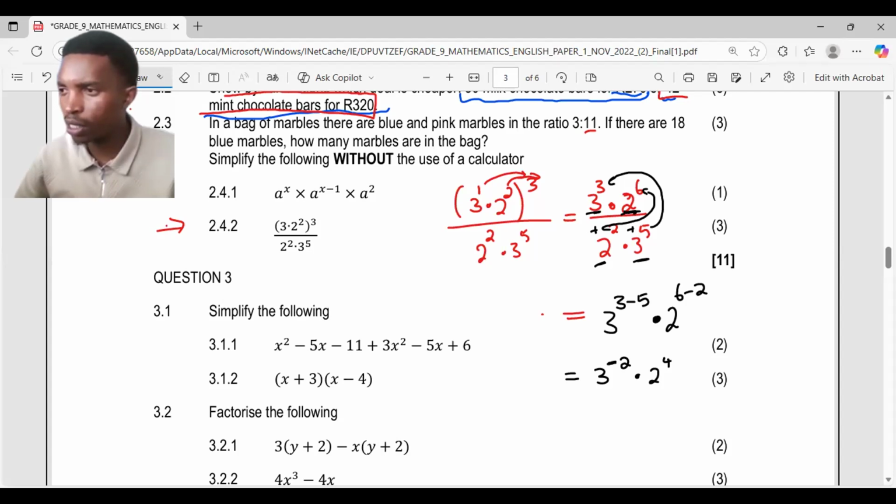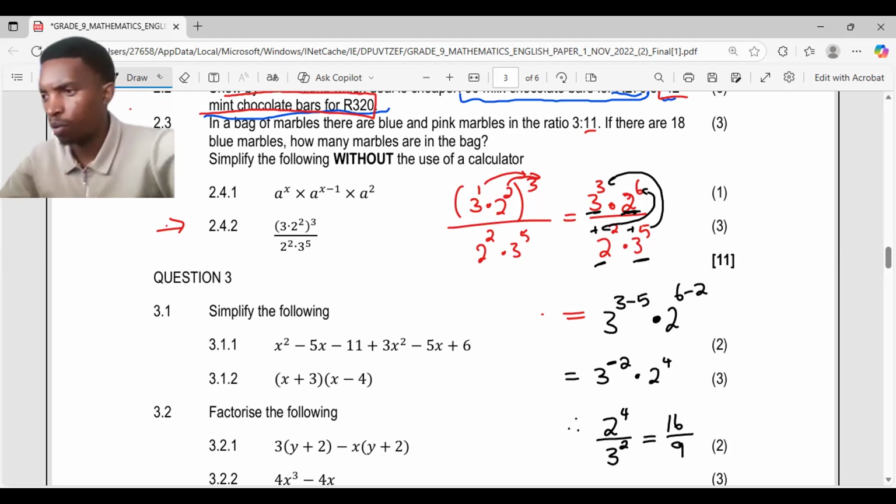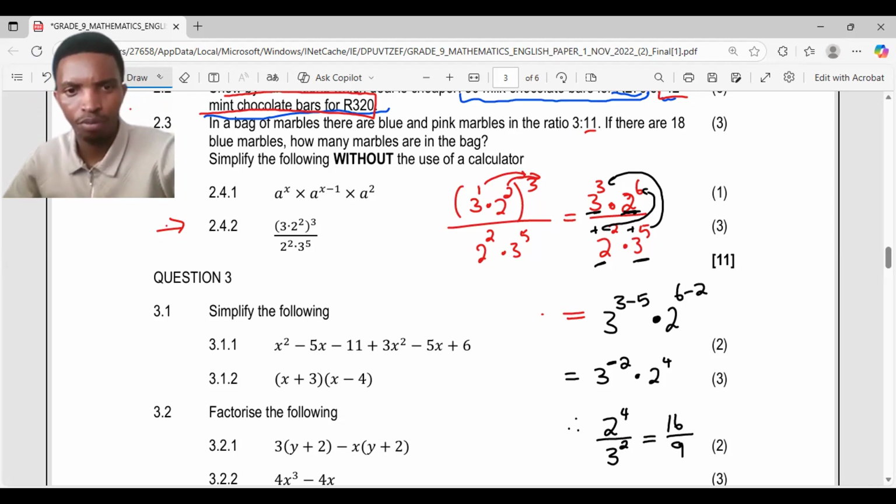So how do we get rid of that? We write it at our denominator, right? So we're going to have 2 exponent of 4 over 3 exponent of 2. And then 2 exponent of 4 is 16, and 3 exponent of 2 is 9. So this is our final answer without the use of a calculator.